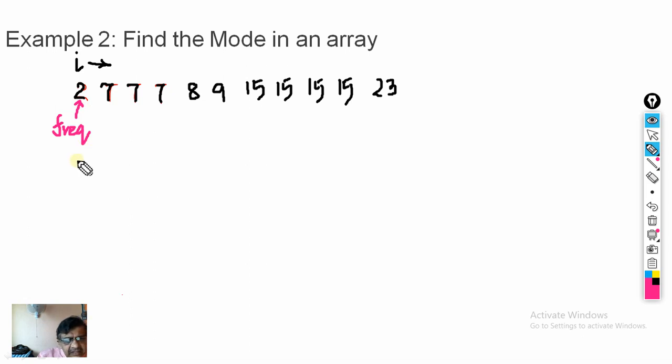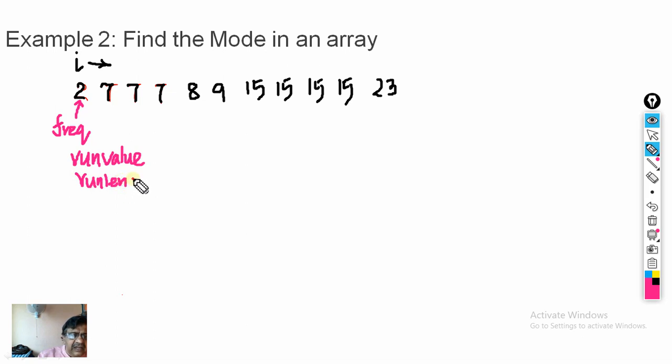And we will have another 2 variables. One is run value, the value over which the index is running. So here run value is 2, and run length is the other one.